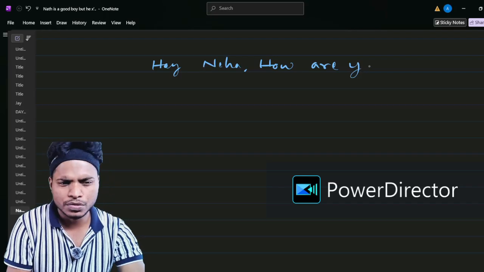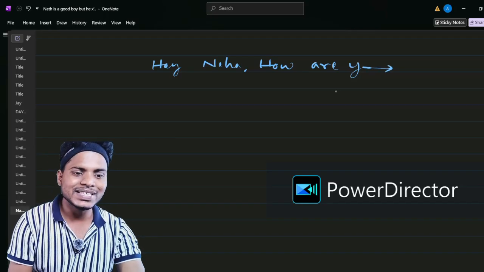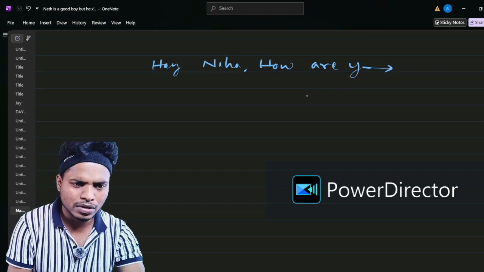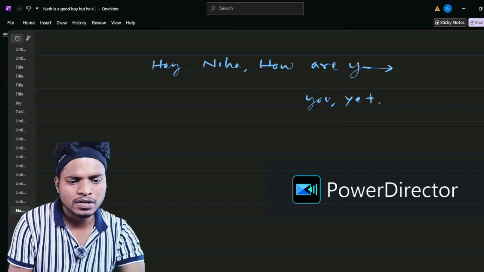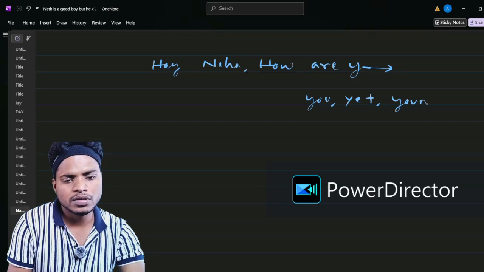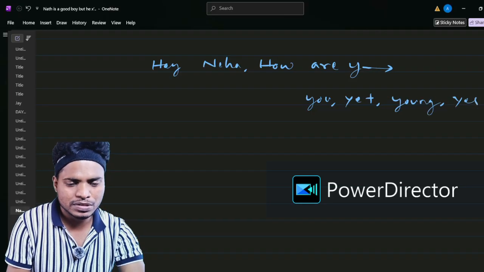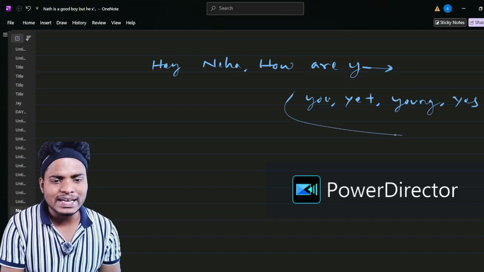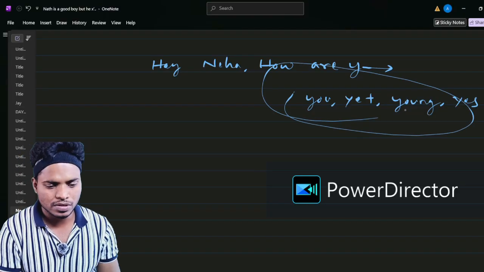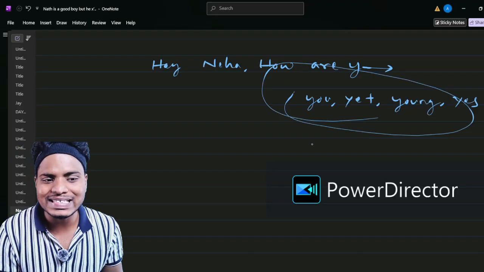You have written only y. Then WhatsApp suggests some words like you, yet, young. Are you getting my point? These are the words we get as recommendations or suggestions from WhatsApp.